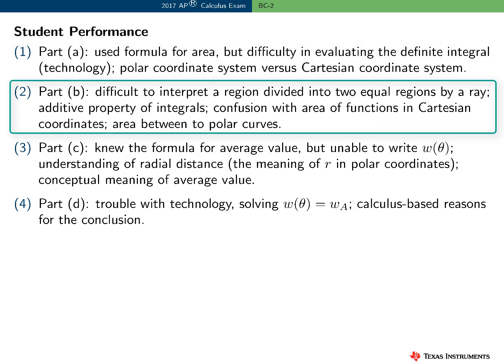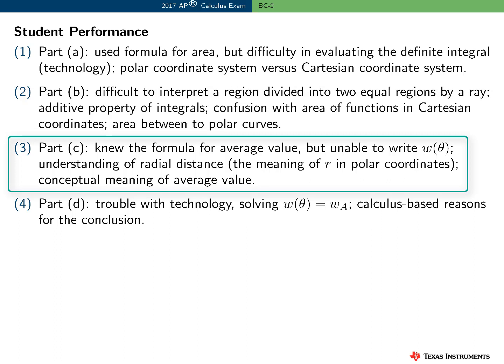In part B, many students had trouble interpreting a region divided into two equal subregions by a ray. Some did not correctly use the additive property of integrals, and some students had trouble with area functions, using the expression associated with Cartesian coordinates, or not writing a correct expression for the area between two polar curves.